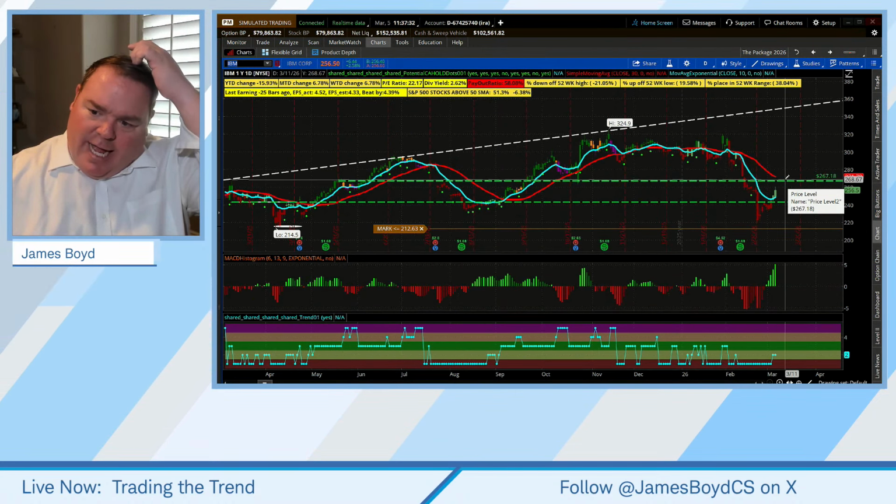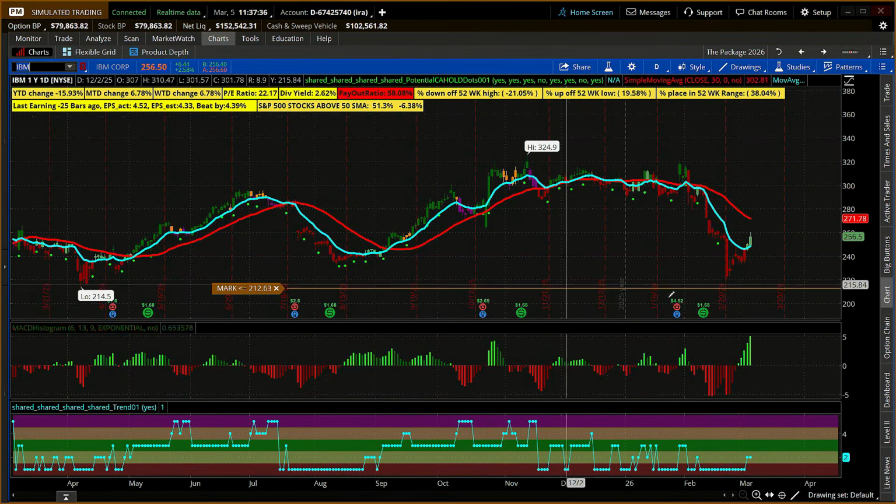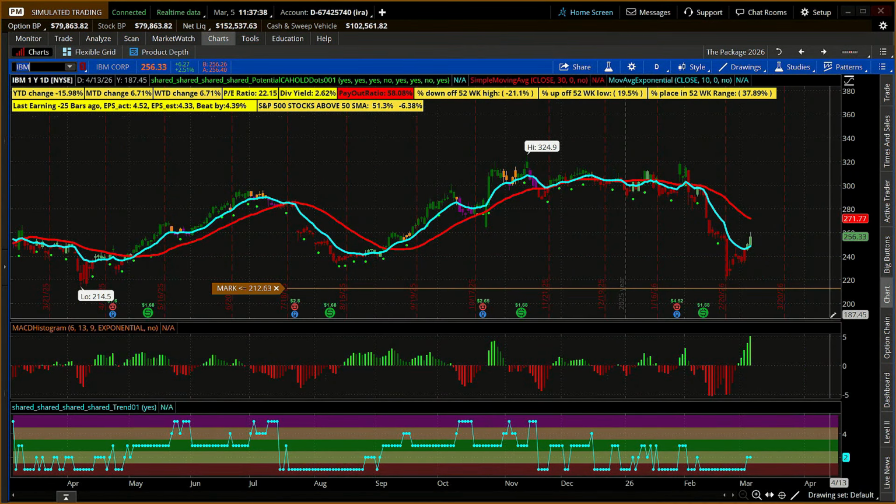I'm just going to show a couple of stocks. IBM looks very much like CRM, very similar. The point I want you to understand with Salesforce, CRM, and IBM is correlation.